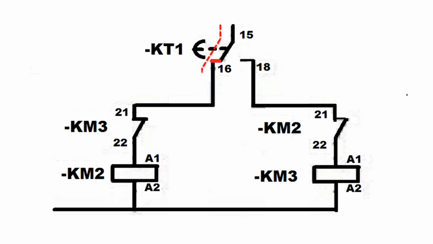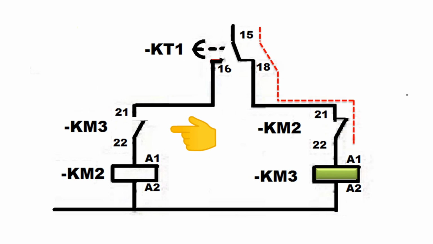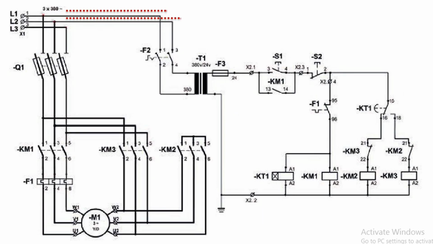For example, if KM2 is active, the contacts KM2 21-22 will become open and supply will not be given to KM3. Same way, when KM3 is active, the contacts KM3 21-22 will become open and supply will not be given to KM2. This interlocking helps avoid a full short circuit fault across the supply line during the changeover from star to delta.